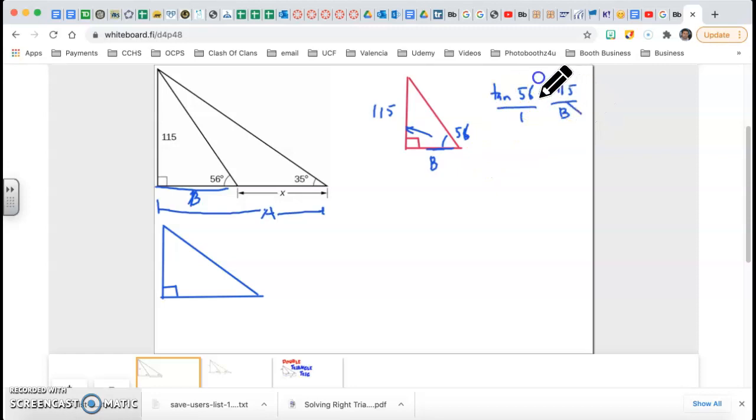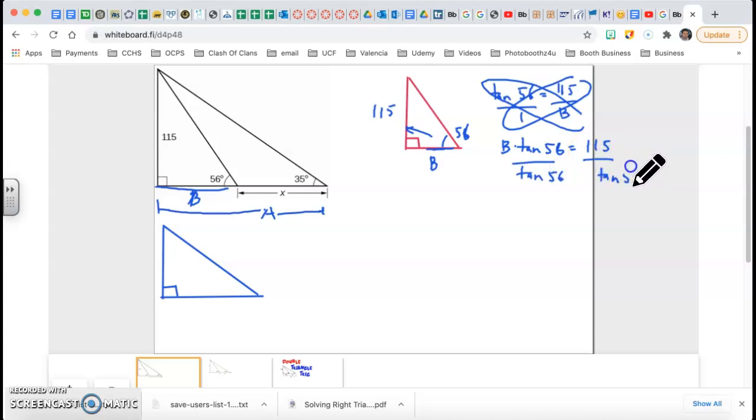Cross multiplication, I'm going to have b times tangent of 56 equal to 115 times 1, which is 115. To leave the b by itself, divide by tangent 56 on both sides. And now b is equal to 115 over tangent of 56.